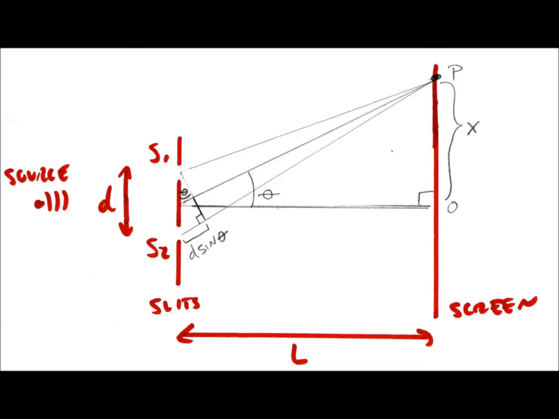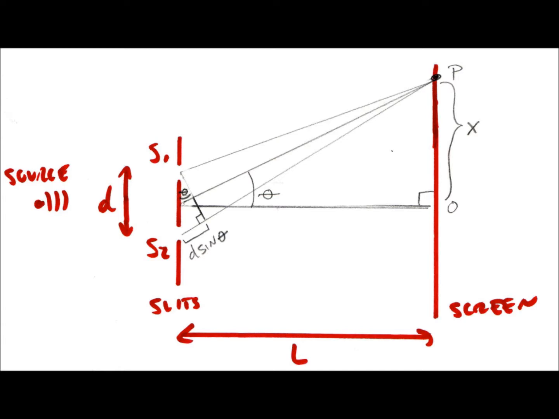Now I've drawn a second triangle and a second angle theta. The hypotenuse of this triangle connects the midpoint between the two slits to P. And the opposite side of that angle is labeled X. So for a place of constructive interference, X will be the distance between the midpoint of the central maximum, the 0th order maximum, and the midpoint of the next maximum at P, the so-called first order maximum.